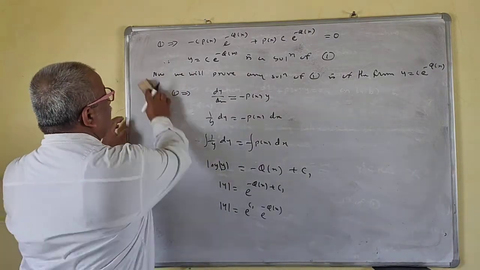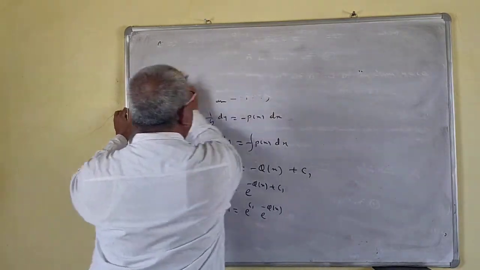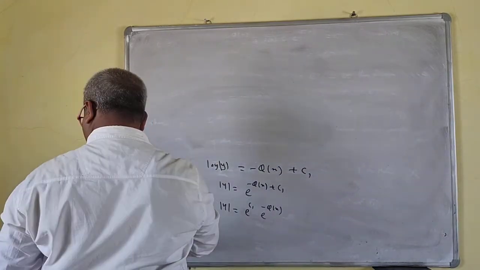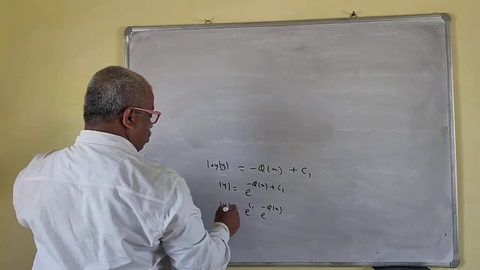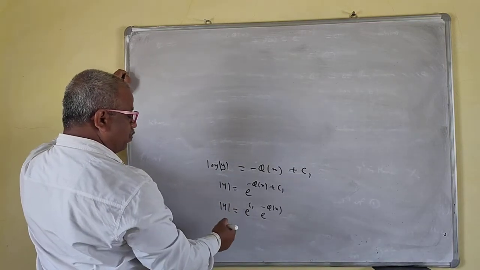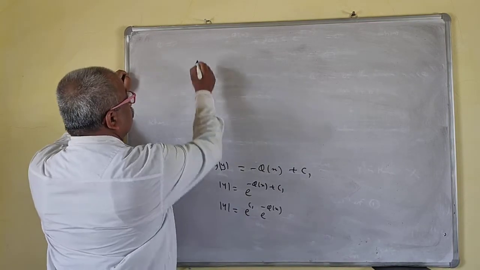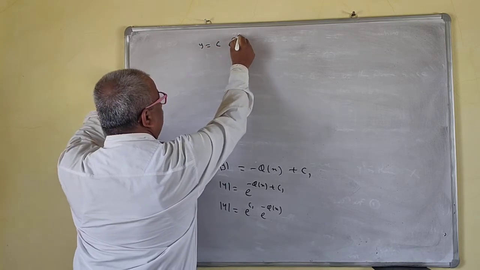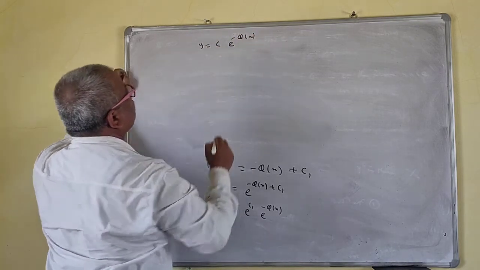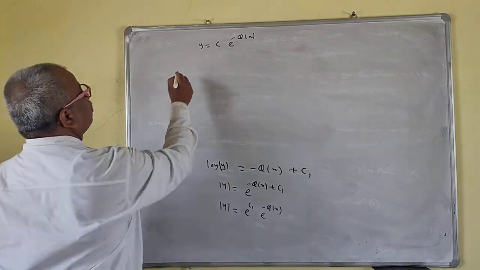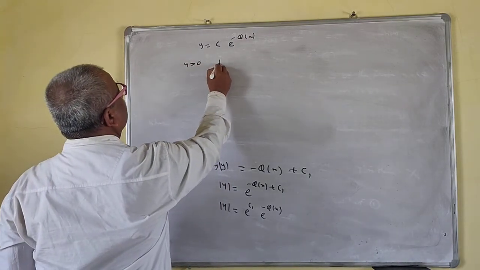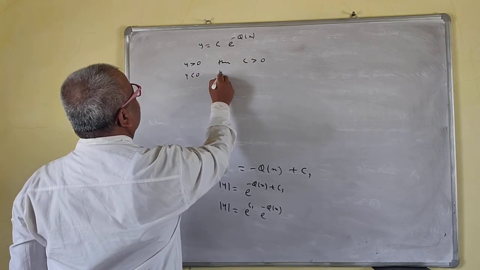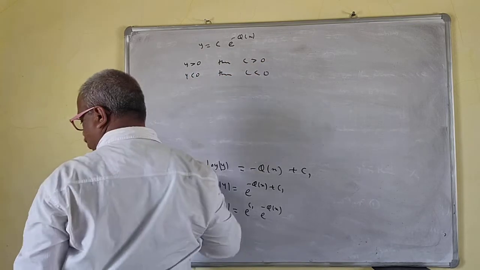So this is always positive here. Therefore y is equal to c e raised to minus phi of x. If y is greater than 0, then c is greater than 0. If y is less than 0, then c is less than 0.